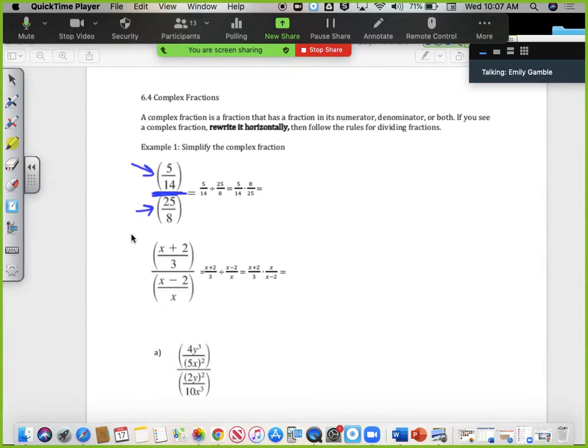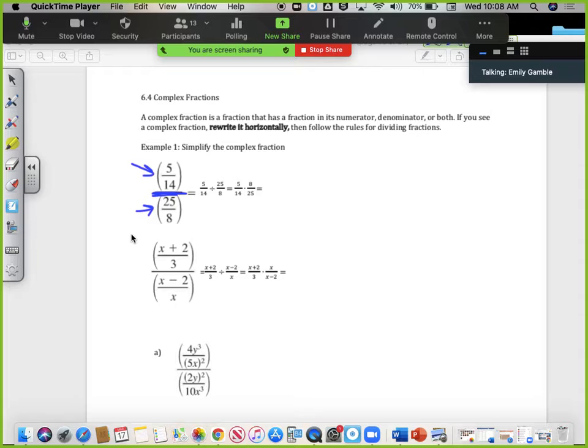This is called a complex fraction, and it looks super scary, but here's how you rewrite them, solve them, and simplify them. If you ever have a fraction within a fraction, the easiest thing to do is rewrite it horizontally like this, 5/14, as you can see written here, divided by 25/8.